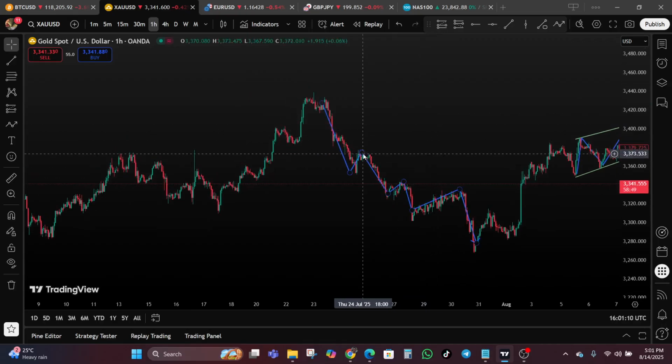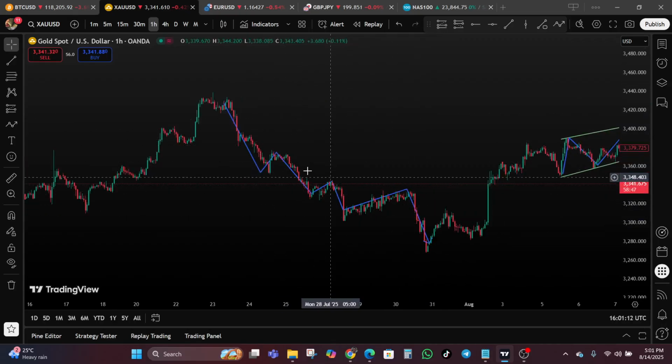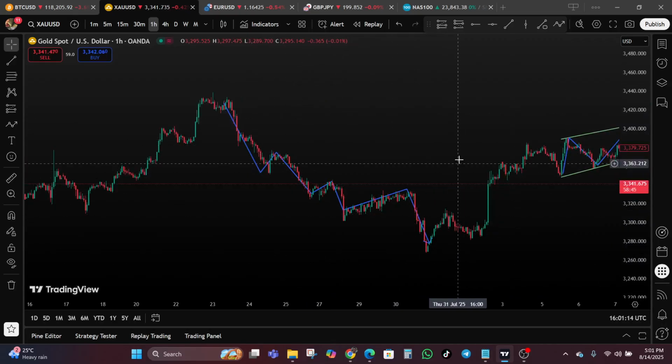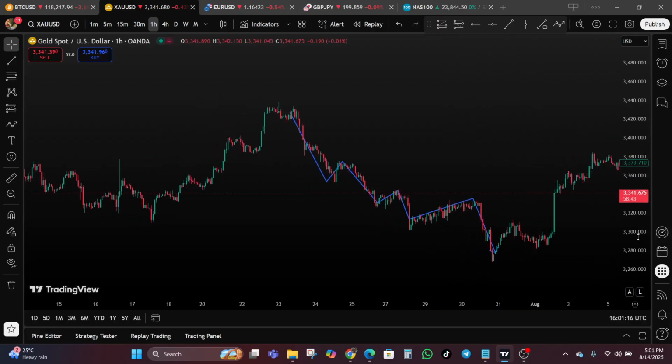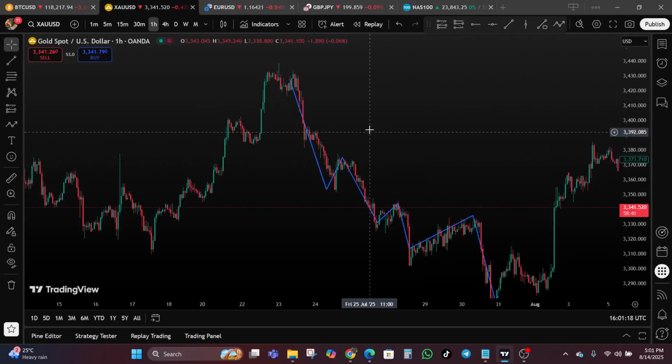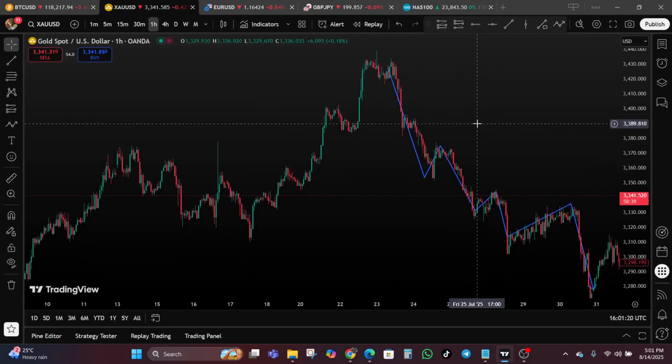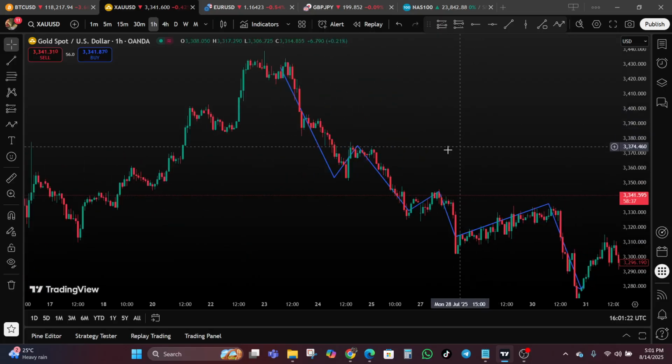After you have identified the prevailing trend in the market, the next thing to do is order block identification. Order blocks are the last bullish or bearish candles before a significant market move. These are areas where institutions have entered large positions, and they often serve as strong zones of support or resistance.